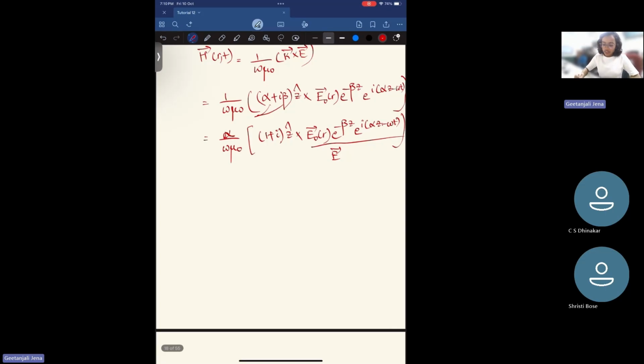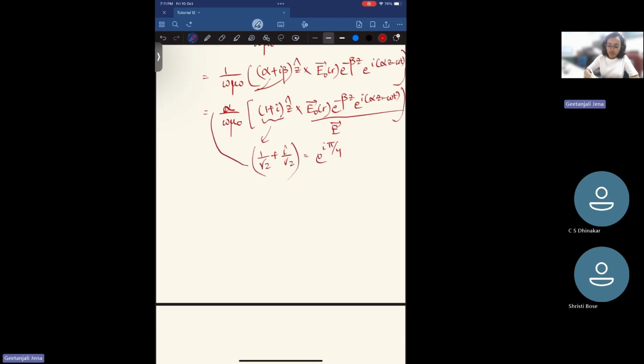So if you simplify it, 1 plus i you can write as e to the power... I think we have to multiply root 2. So here what you can do, you can divide by root 2 and multiply root 2. That means it will be 1 by root 2 plus i by root 2, which is nothing but e to the power i pi by 4, right?